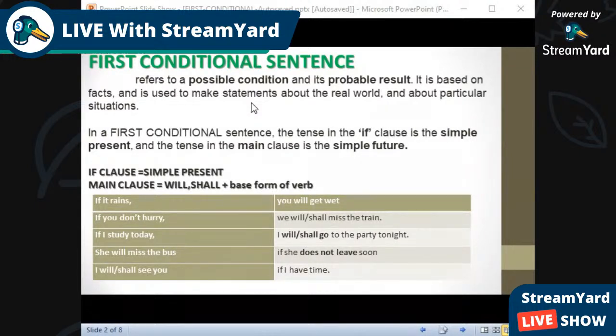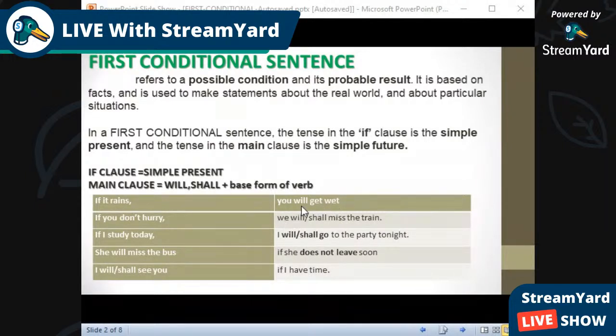for the first conditional. So we have the structure for the if clause. We have the conjunction if, and this is the condition statement. If it rains, we have the subject it and then the verb rains. It is in the S form.